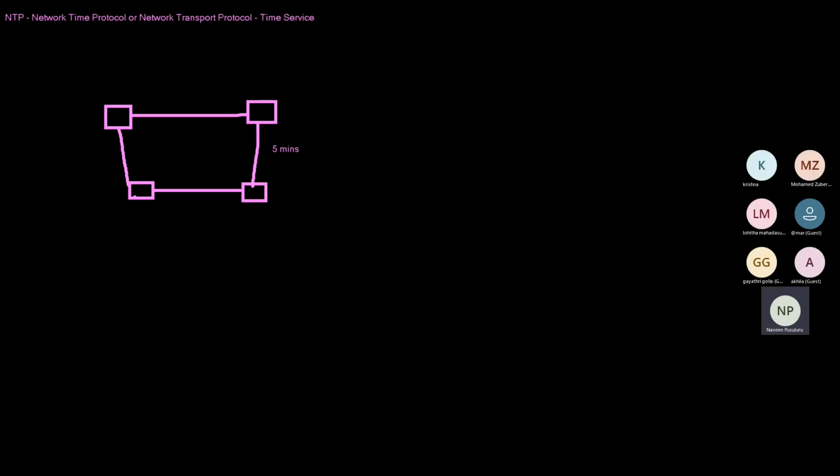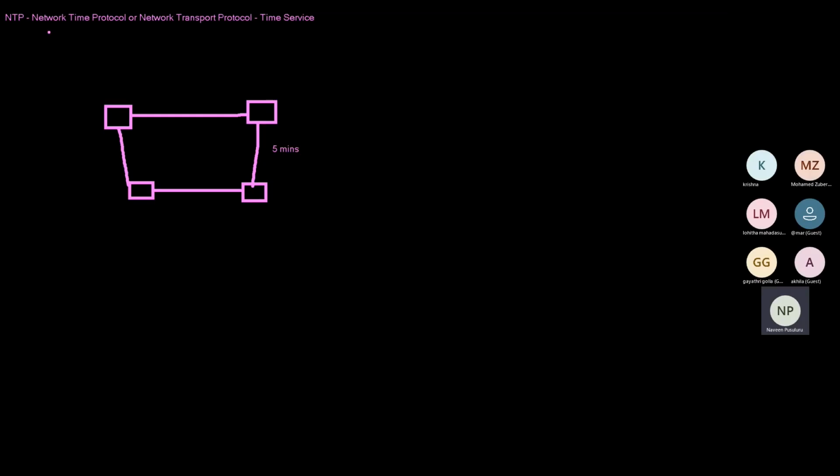But I don't know how many of you have used the XP operating system. Windows XP used to give us a lot of trouble with the time. If you're not using the internet very frequently, you must manage the time manually, right? So that used to cause us a lot of problems.